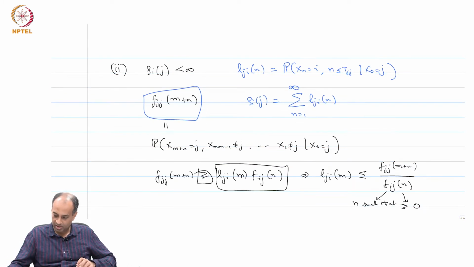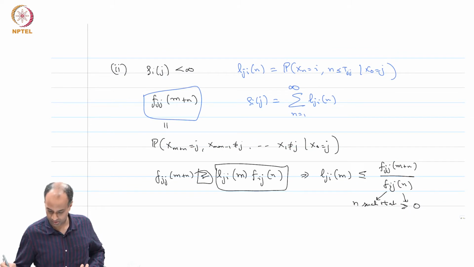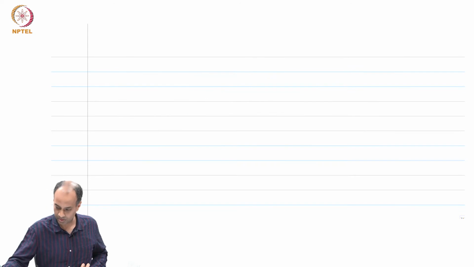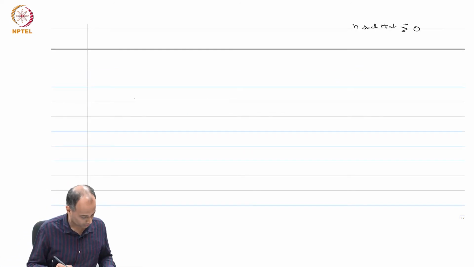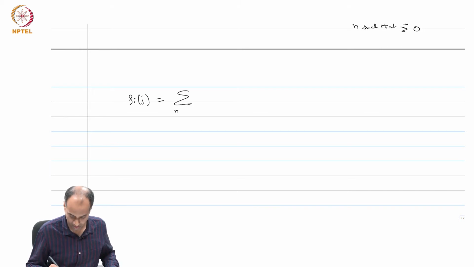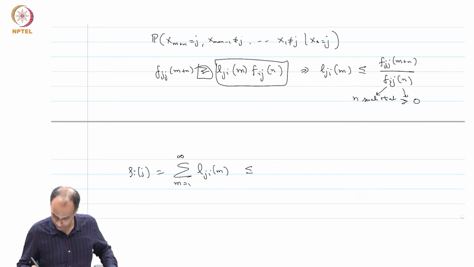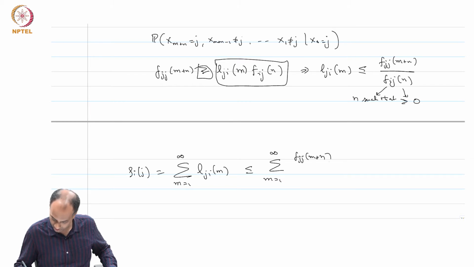So, if I go back and look at rho ij, it is equal to the sum over m equals 1 to infinity of Lji of m, which is less than or equal to the sum over m equals 1 to infinity of Fjj of m plus n over Fij of n.